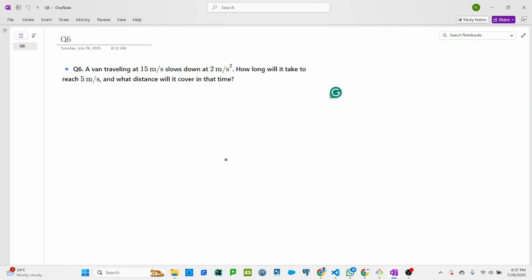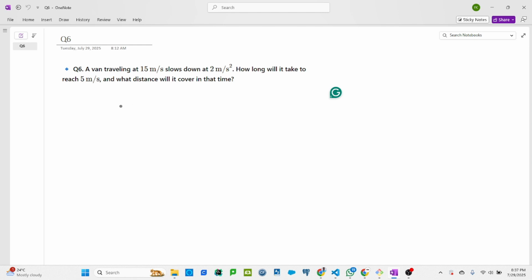Tomorrow we'll continue with motion upward and downward, linear motion under gravity, free fall, and all that. We'll cover the concept, and then we'll meet again and solve a lot of questions to make sure that we are using the equations very well.